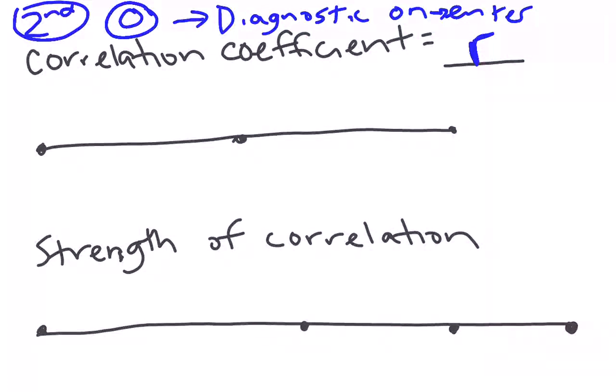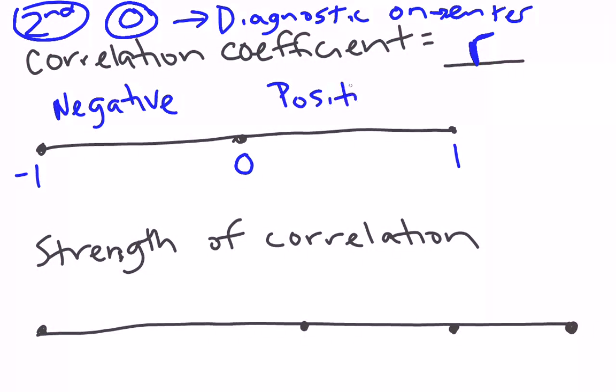And my values of r go from -1 to +1 with 0 in the middle. So we're never going to have an r value that's bigger than 1 or less than -1. If it is between -1 and 0, we say it has a negative correlation. If it's between 0 and 1, we say it's a positive correlation.